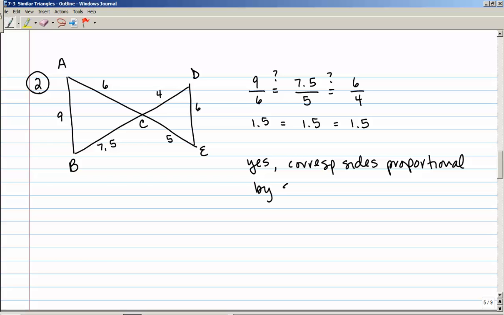So by SSS, triangle ABC is similar to, and since I did ABC, DEC by SSS.